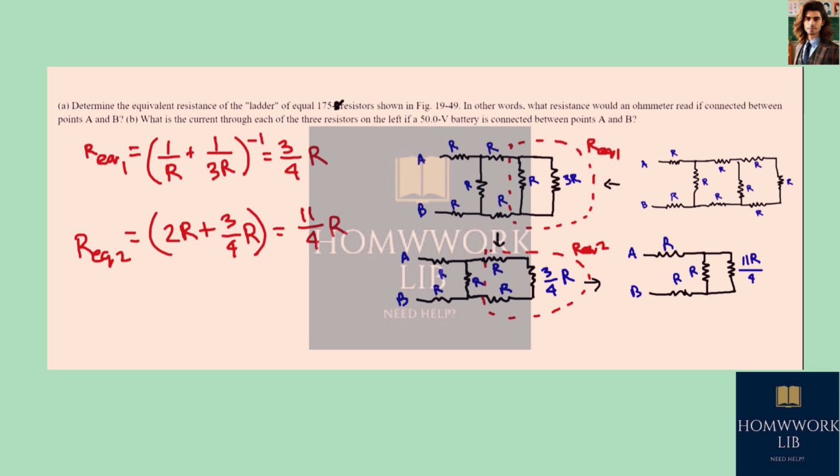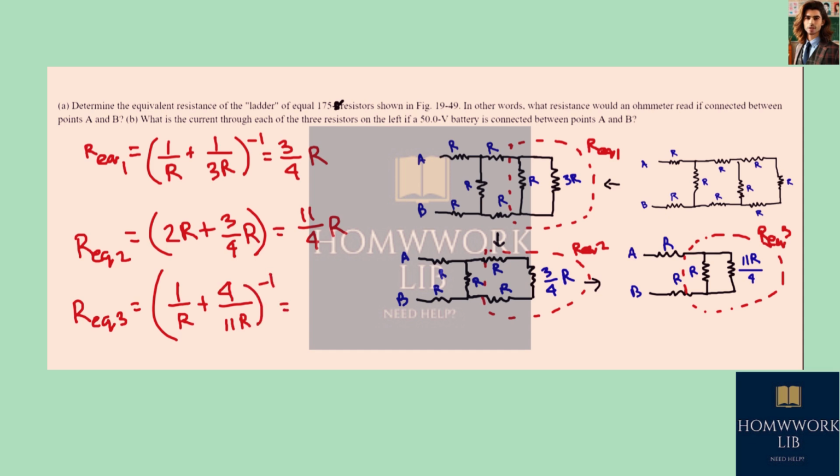so before we go to the final, we have to make sure we get the equivalent resistance of this guy. So let's call it Req3. So Req3 is going to be, so it's a parallel connection, so that's going to be 1 over R plus 4 over 11R, reciprocal, and that gives us 11 over 15R.